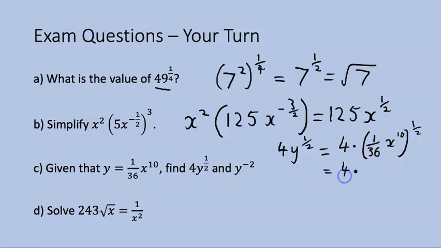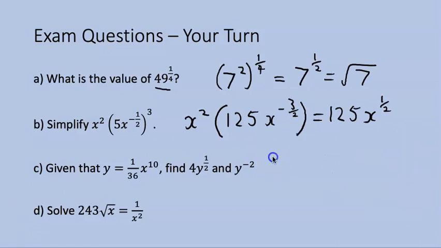That's equal to 4 times the square root of 1 over 36, which is 1 over 6. x to the 10 taken to the power of half is x to the 5. So we've got 4 over 6 x to the 5, which simplified is 2 over 3 x to the power of 5.